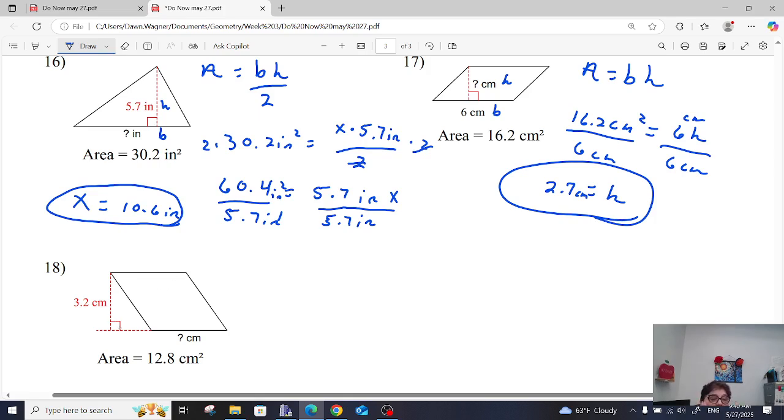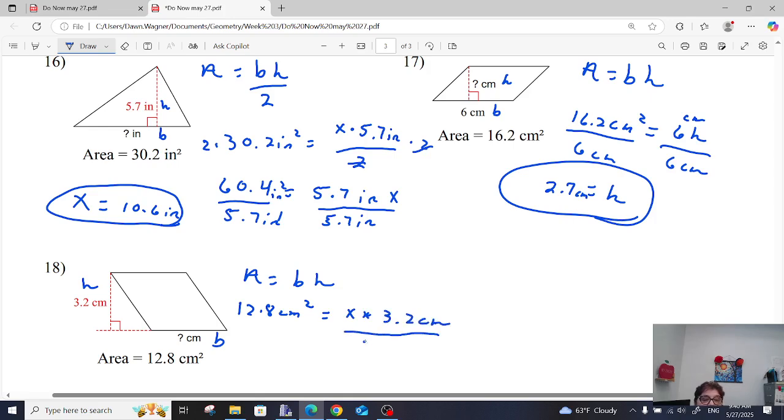Okay, so again, what kind of shape is this one? It's a parallelogram again. So area equals base times height. Area is 12.8 centimeters squared. This is my height. This is my base. So x times 3.2 centimeters.